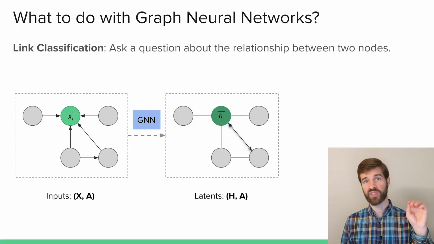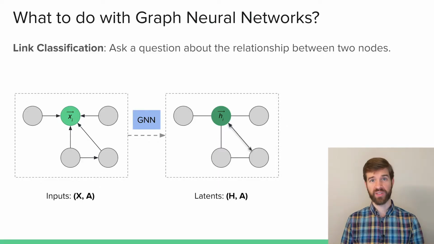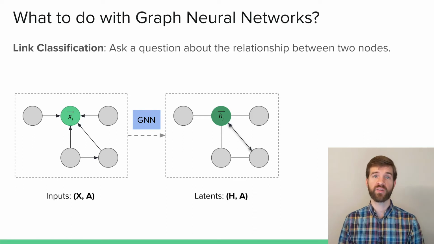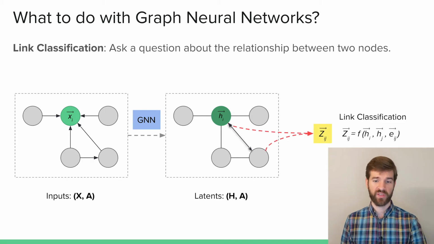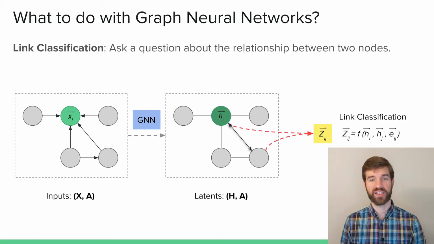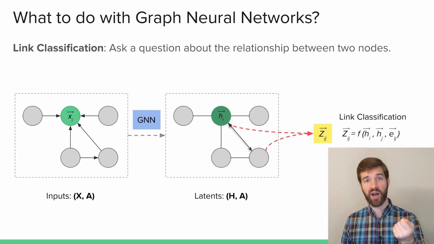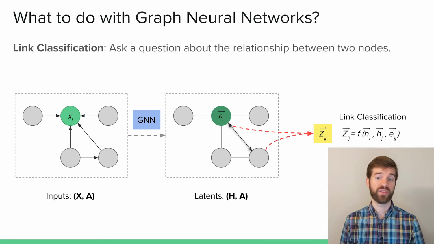The next thing we could do, and the third and last one, is link classification. Obviously, we had questions about nodes, we had questions about the entire graph, but we can also ask questions about individual connections between two nodes. In this case, we have this node H, and we would like to understand some of the properties, how it connects to some other node.